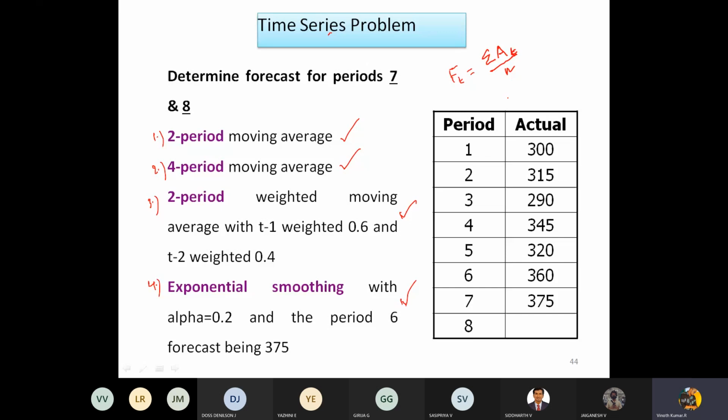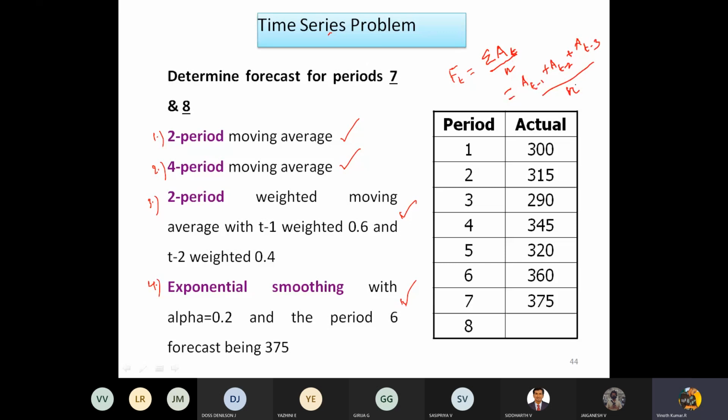For example, F suffix t is equal to A suffix t minus 1 plus A suffix t minus 2 plus capital A suffix t minus 3 divided by n. The value of n is 3, so we take 3 variables in the numerator and the denominator value is 3.